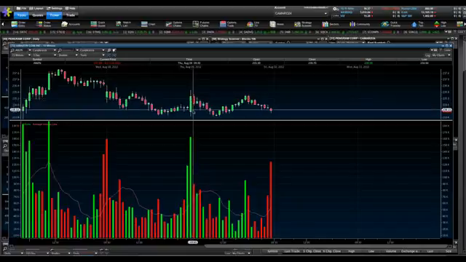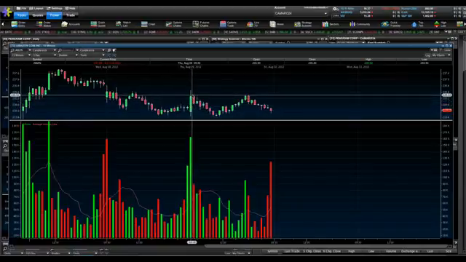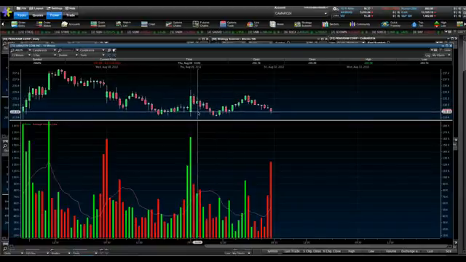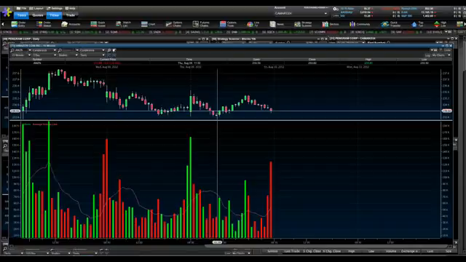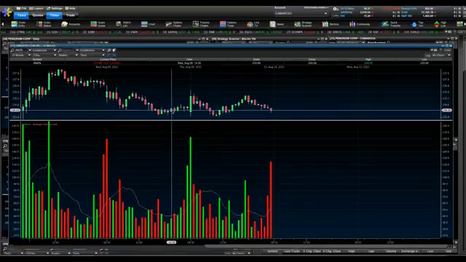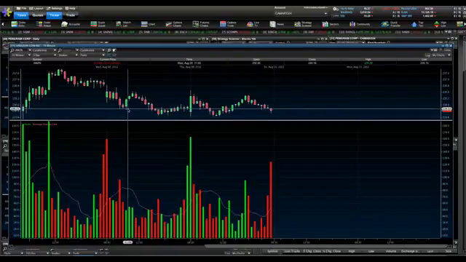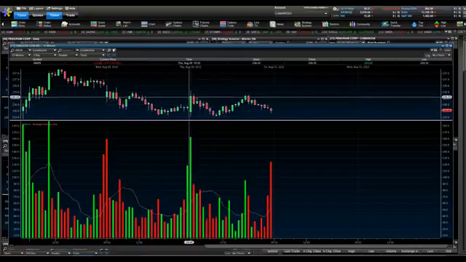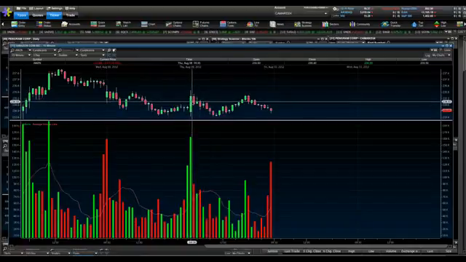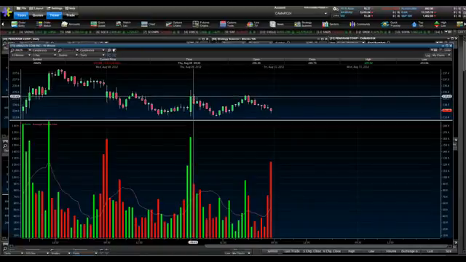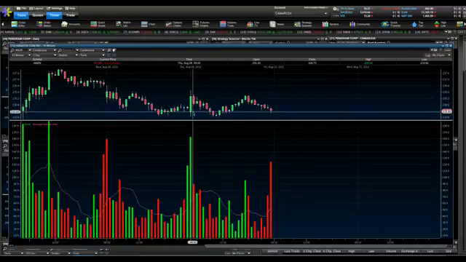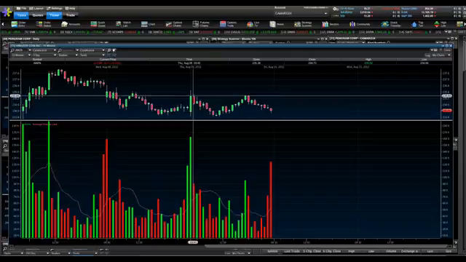But just using the first 15 minutes of the day, I just showed you a couple examples of how that would have worked yesterday. And I guarantee you, if you go through and just grab a list of stocks and put a line at the open and the close of the first 15-minute candle, I can guarantee you that over 70% of them, those two lines are really going to work for you.